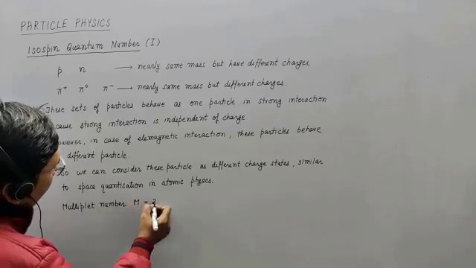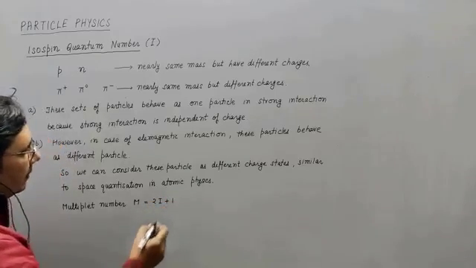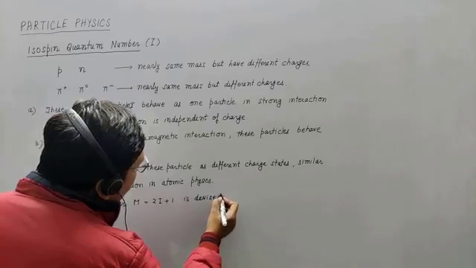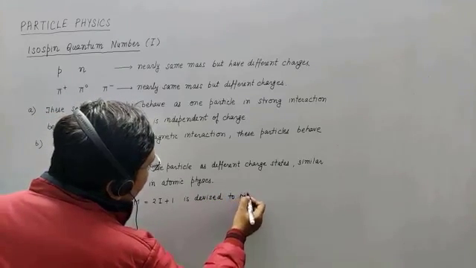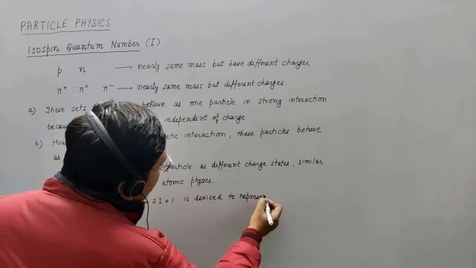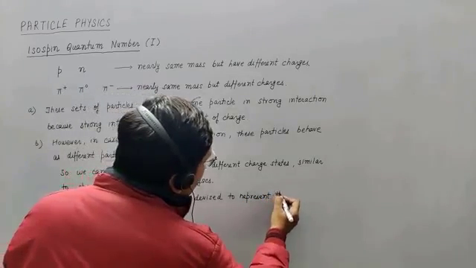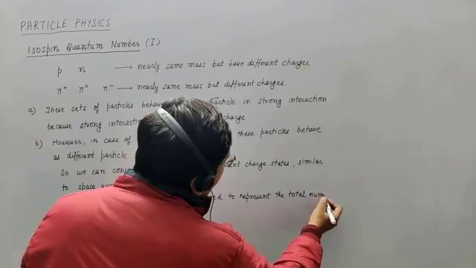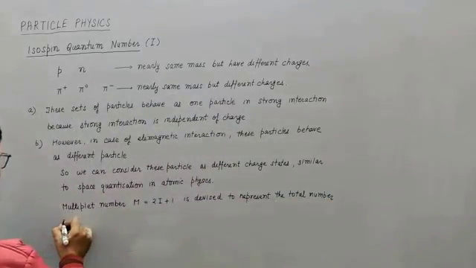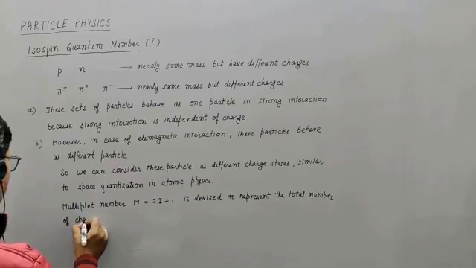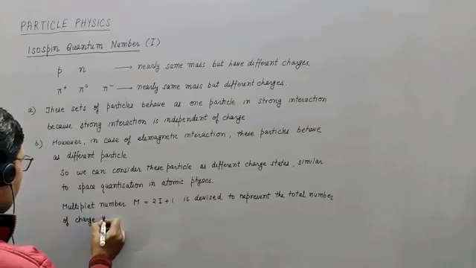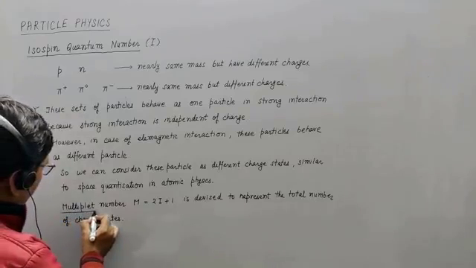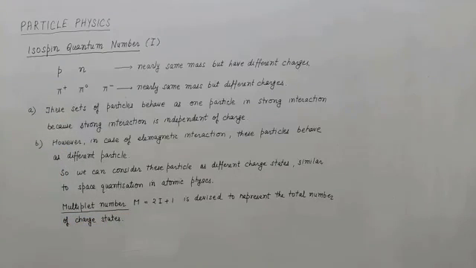M, which is equal to 2I plus 1, is devised to represent the total number of charge states. So this is also an important number: M is equal to 2I plus 1.